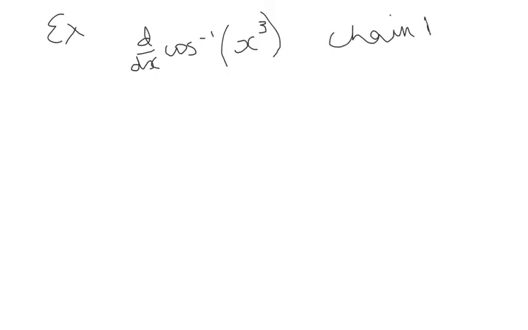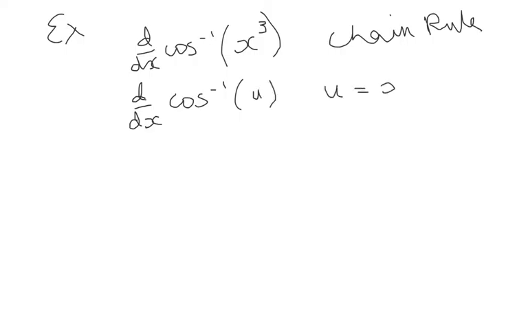Example 1. We differentiate inverse cos of the function x cubed. So we're going to do this using the chain rule and the formula for the inverse cos derivative. First we'll replace x cubed with a substitution u. u is equal to x cubed.